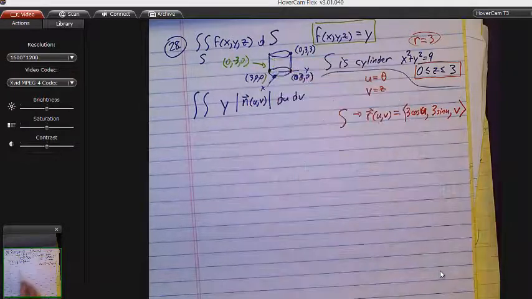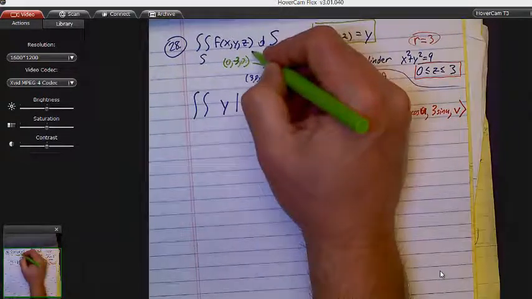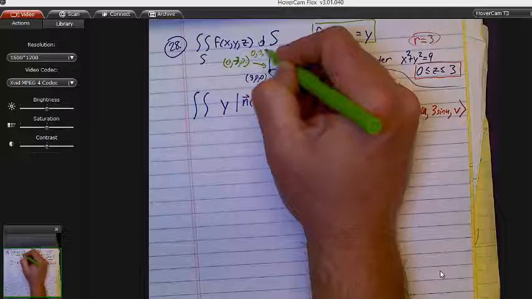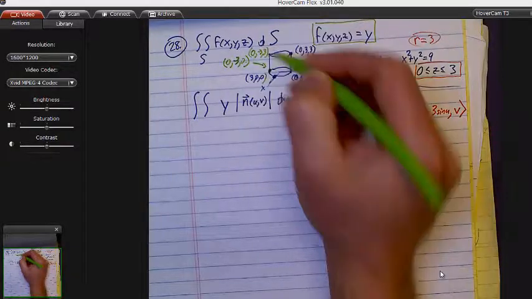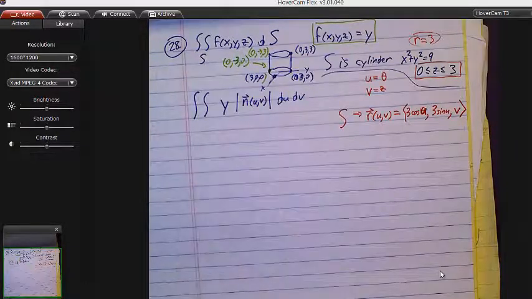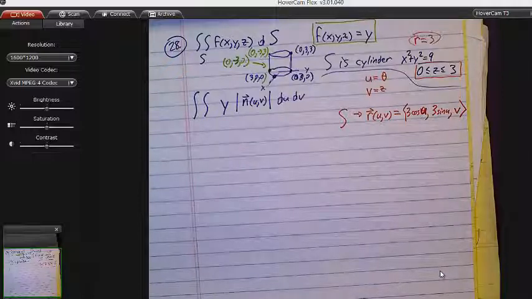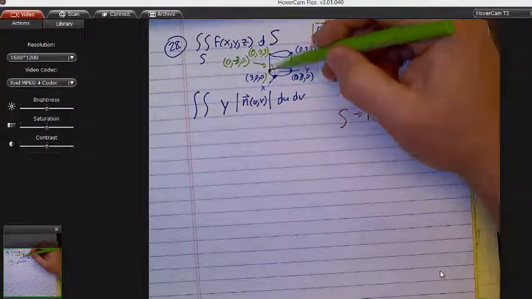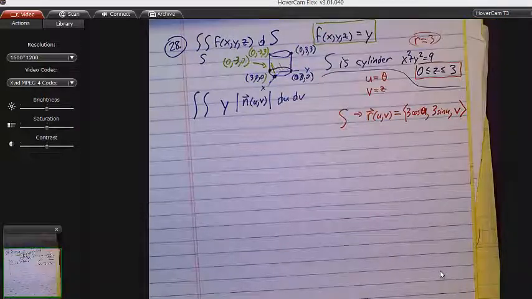And up here, this would be 0, negative 3, 3. So I'm going to integrate y. And again, we're really only looking at the surface itself, not the whole cylinder, but the surface of the cylinder.